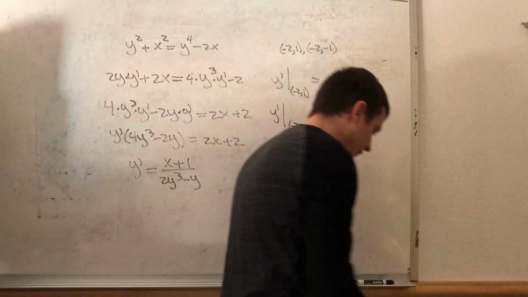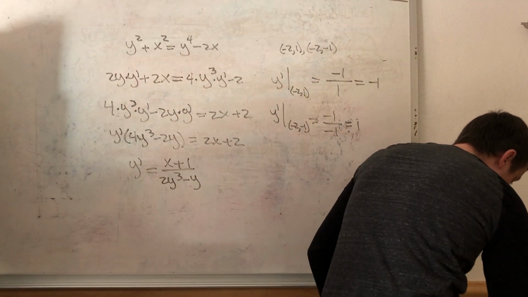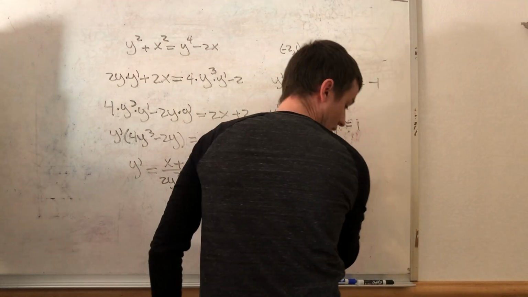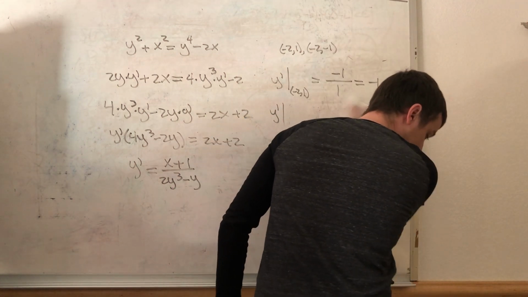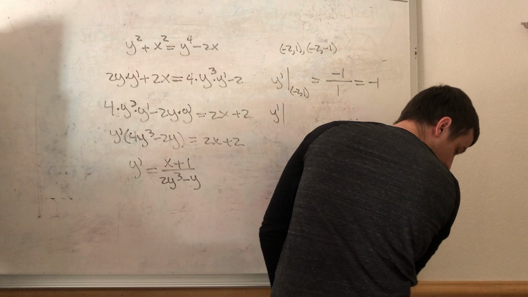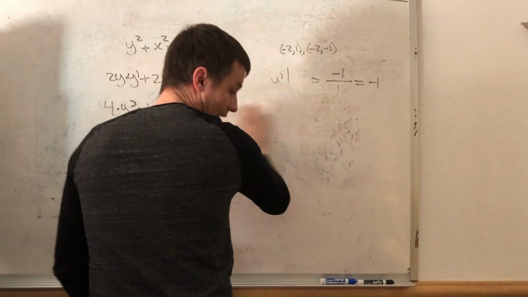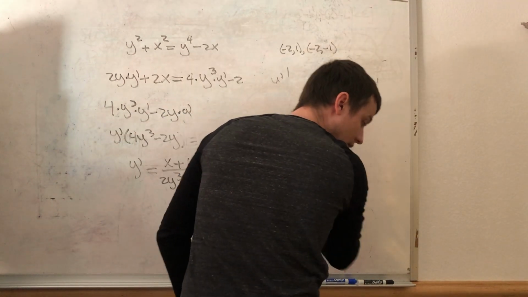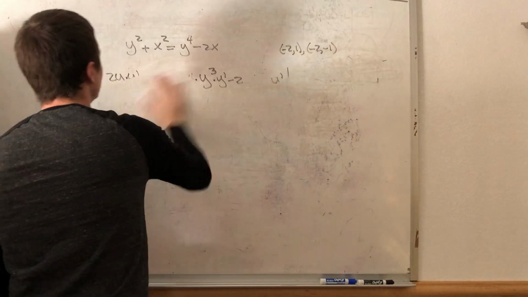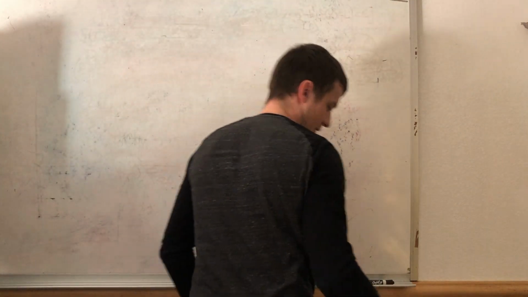So our next problem, problem 13. Let's see, it gives us a circle and asks us to find the slope at a point, I think. Let me write it out.